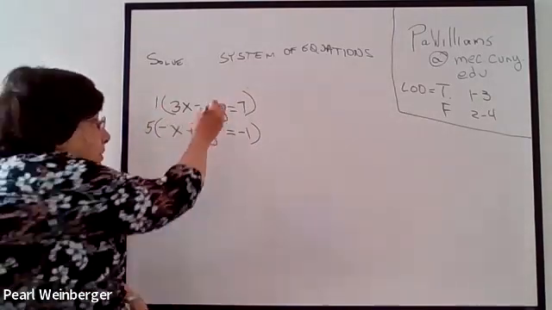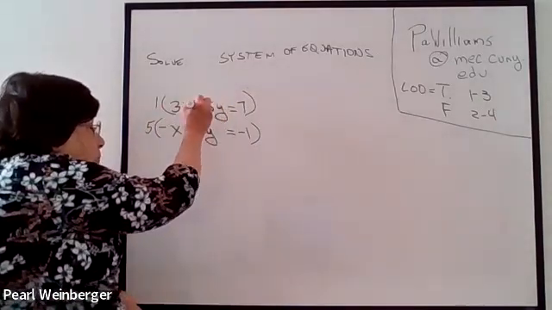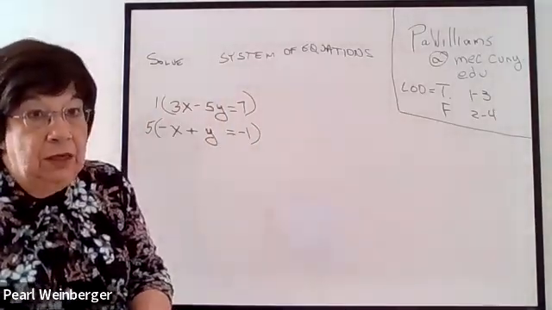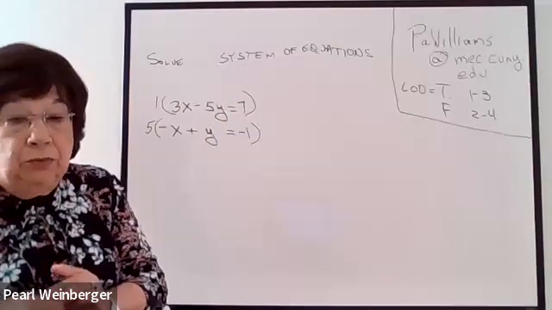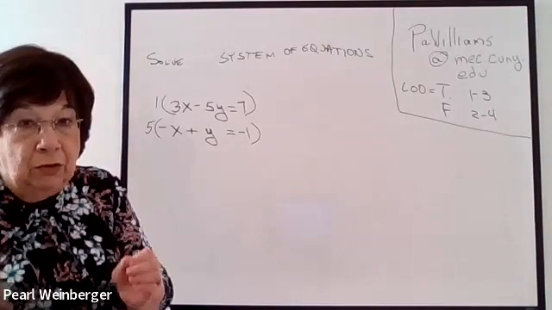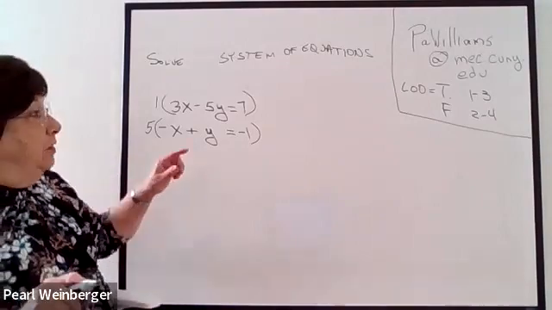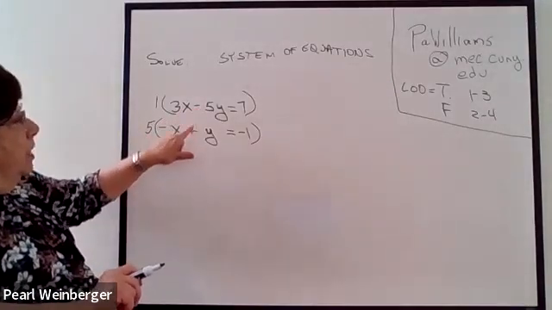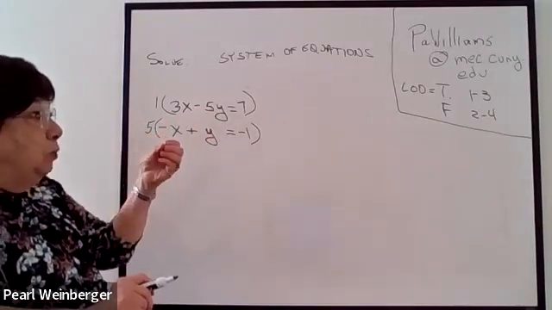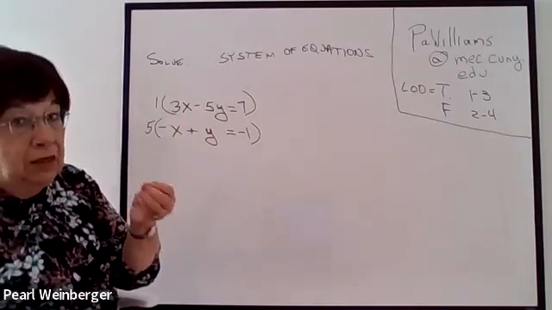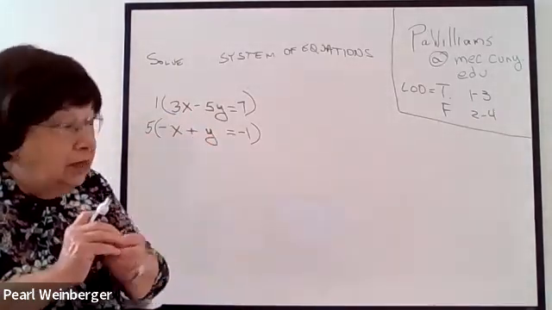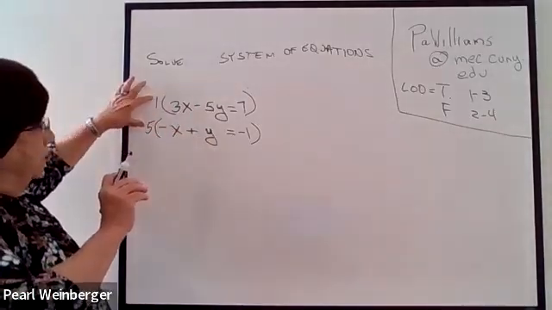And separately, we decide whether we're going to use one of the numbers to be negative. Either we use both numbers positive, or we use one positive and one negative. In this case, since the Y's already have opposite signs, which is what we want to end up with, we want them to end up with the same coefficient but opposite in sign, we're going to use only positive numbers.